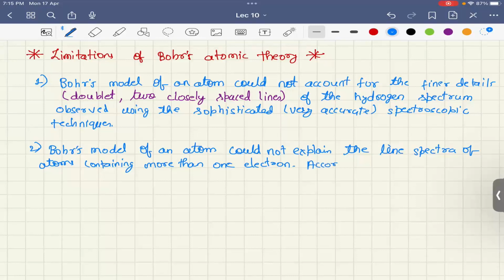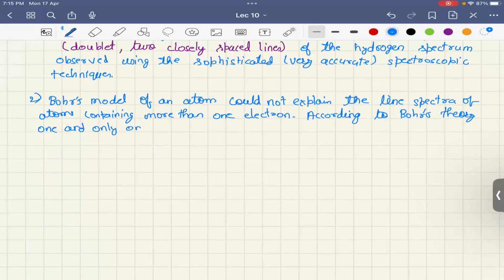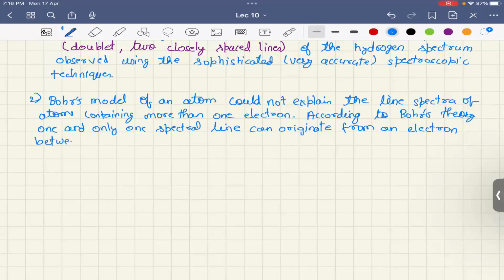According to Bohr's theory, one and only one spectral line can originate from an electron between any two given energy levels, right?